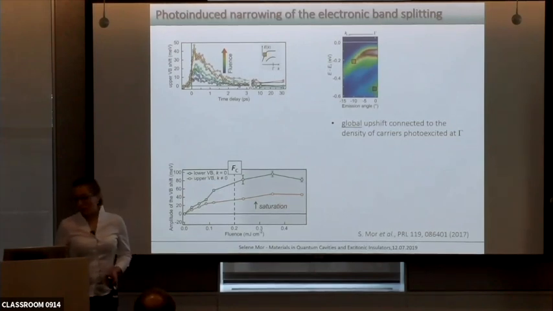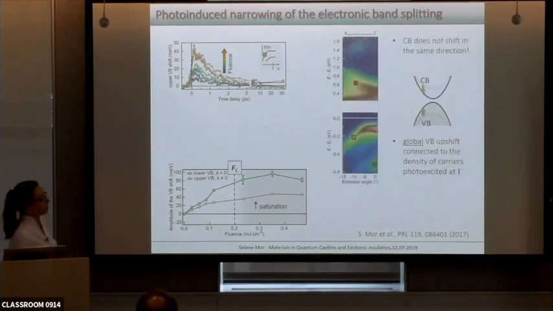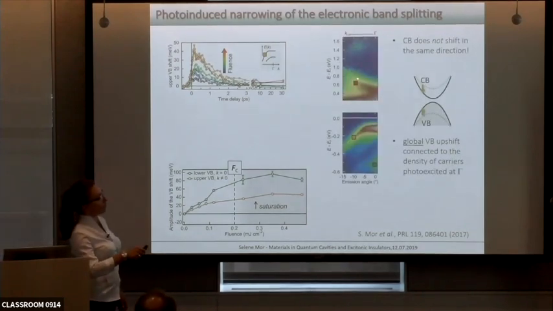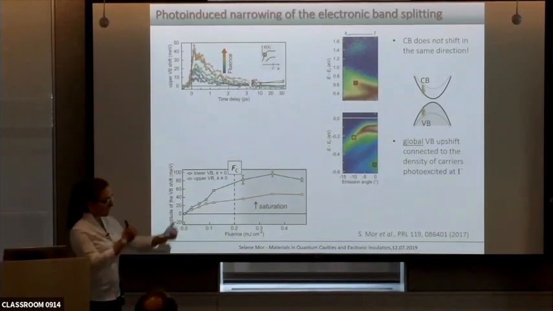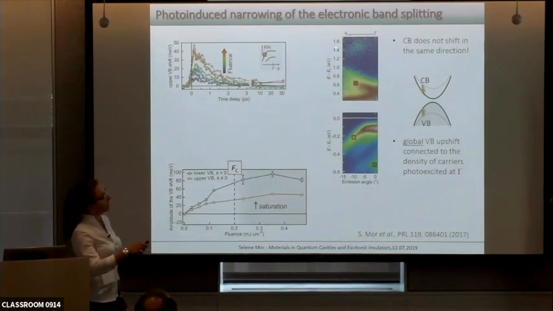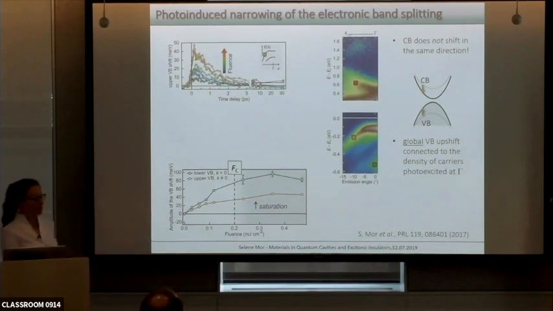Now, we check that this upward shift of the valence band corresponds to a conduction band that does not shift in the same direction, which is already an indication that it's not just a rigid shift, but that the conduction band moves oppositely and thereby the band splitting is reduced at this momentum.